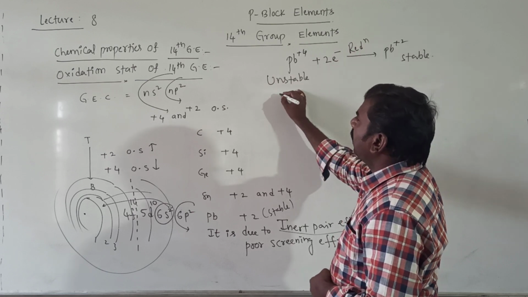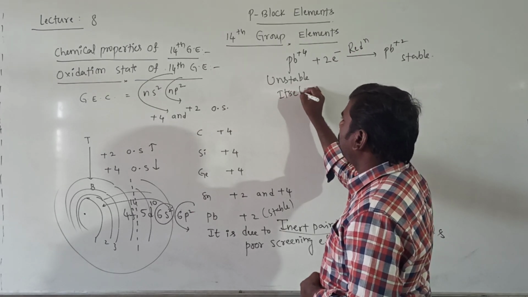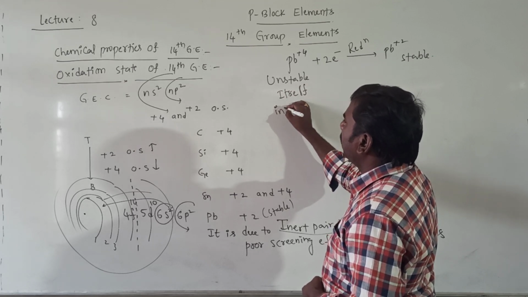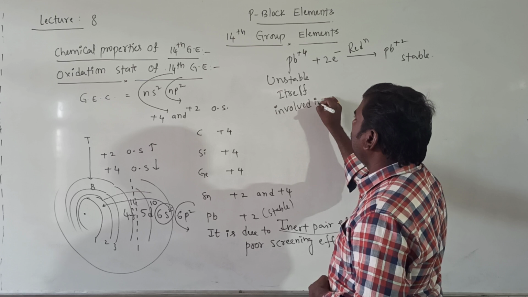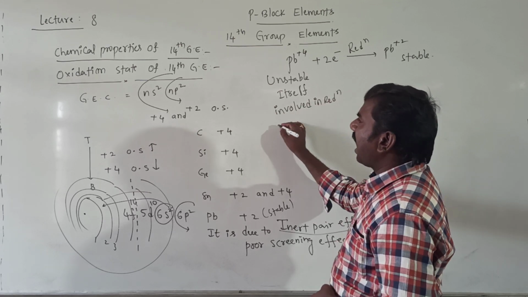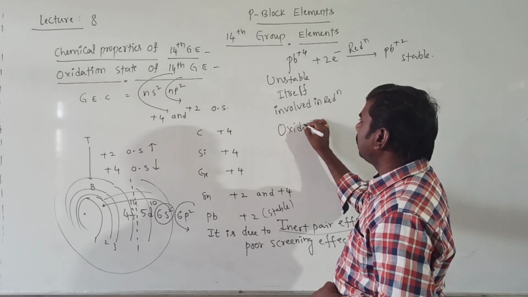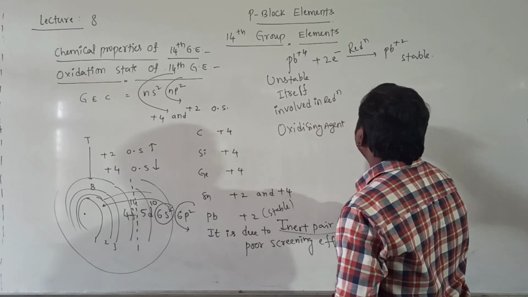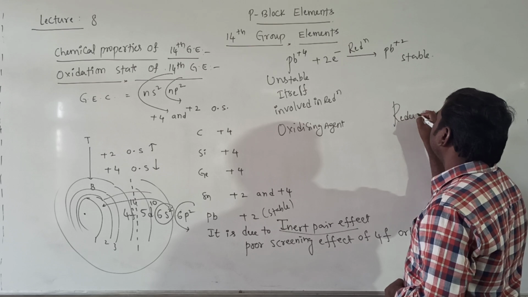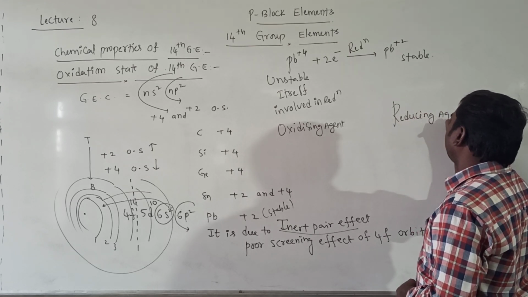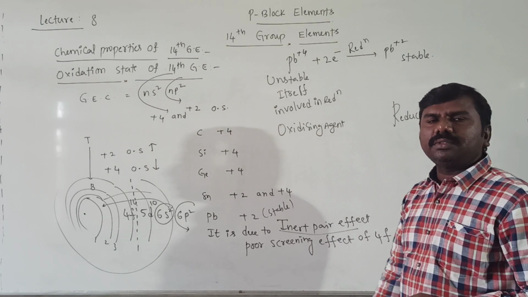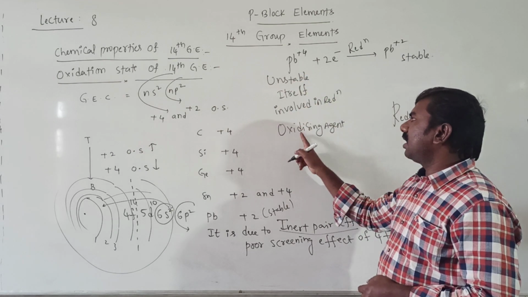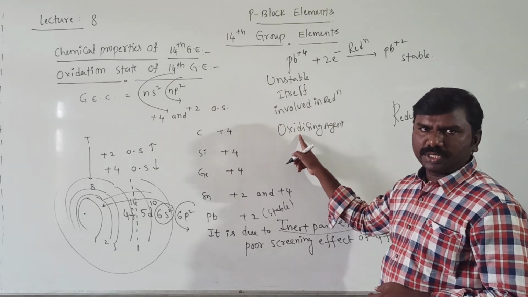It is itself involved in reduction, so it acts as an oxidizing agent. The opposite one is a reducing agent. So, very important: Pb plus 2 is stable, acting as a reducing agent. Pb plus 4 is unstable, acting as an oxidizing agent.